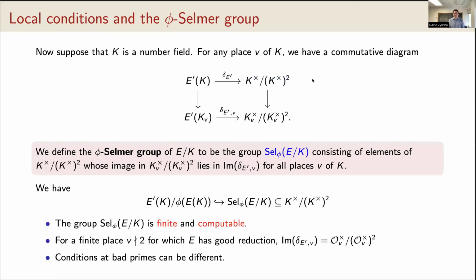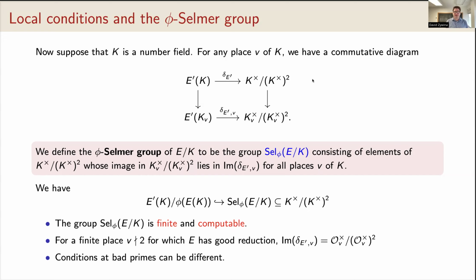So now we have our local conditions. Now we'll take a number field, and we have these 2 rows. The top is just with our number field k, and the bottom row is the same construction we did, except now with the v-adic completion of k. And we get this commutative diagram where the map on the left is just an inclusion, because k_v, the v-adic completion, is bigger. And the map on the right is just the standard quotient, because the square classes get bigger.